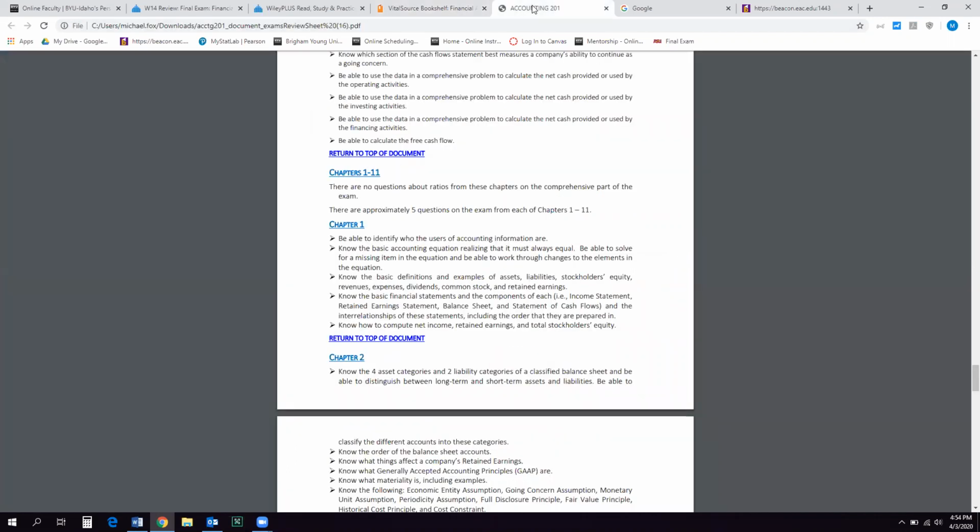All right, know the basic accounting equation. So you know that is assets equal liabilities plus equity. And then you might need to understand the expanded version of that, where the equity section actually has revenue minus expenses minus dividends.